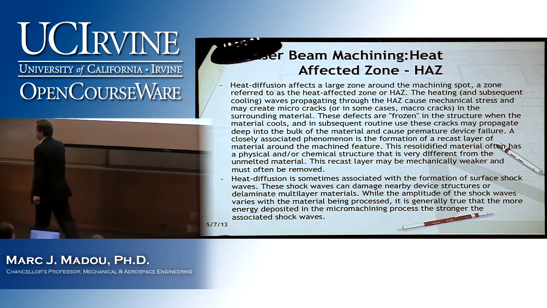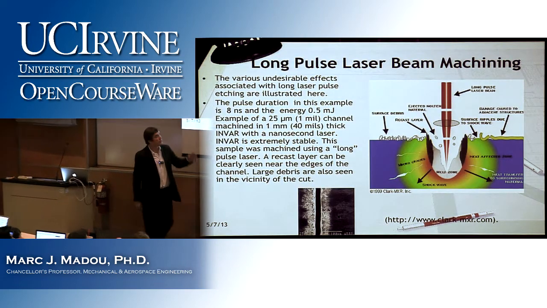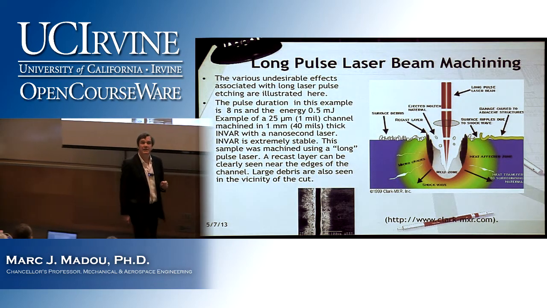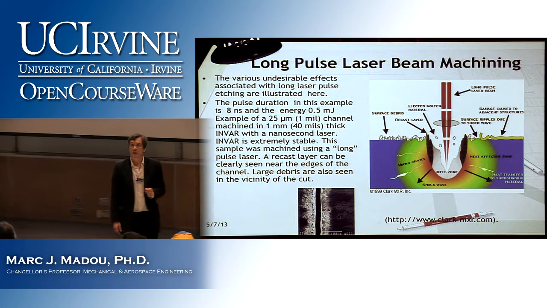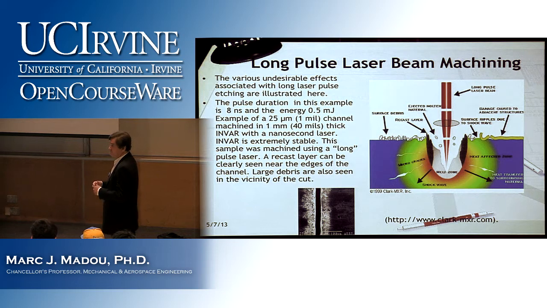All of these negative aspects are summarized in this picture, which shows what happens when you do machining with a traditional laser, with a long pulse length of about 8 nanoseconds.